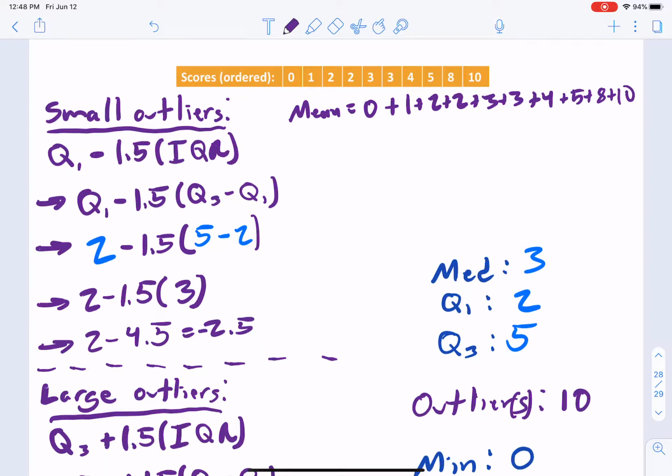Okay, so the sum here is 38. And then we'll divide this by 1, 2, 3, 4, 5, 6, 7, 8, 9, 10. Divide that by 10. That is 3.8. So the mean score is 3.8.